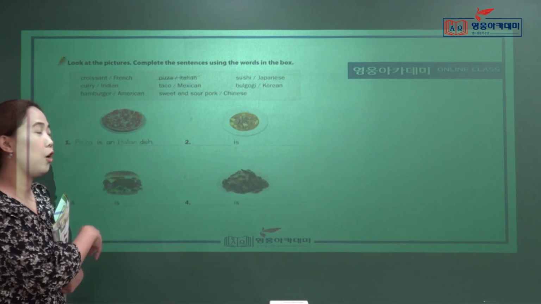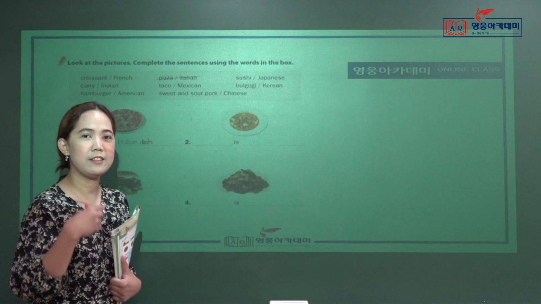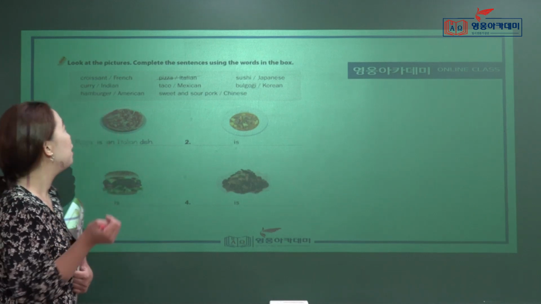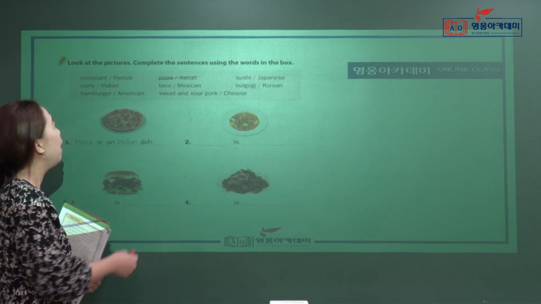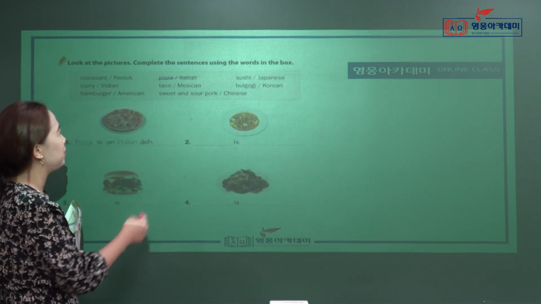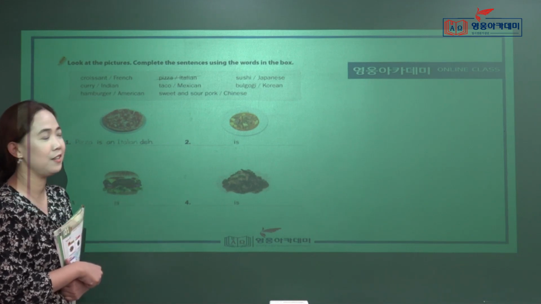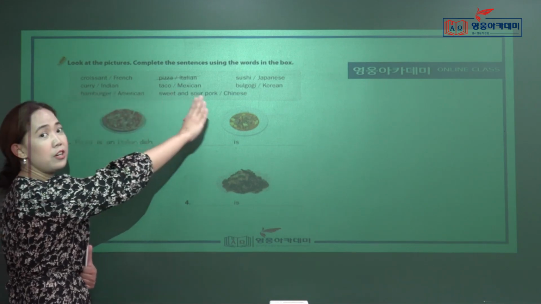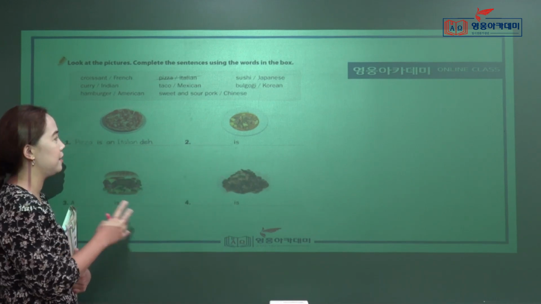Now after that article, we always have this part for practicing writing sentences. So the first part is this. What is the instruction, guys? Let's read together. Look at the pictures and complete the sentences using the words in the box. These are the words in the box, and you look at the pictures and complete the sentences.